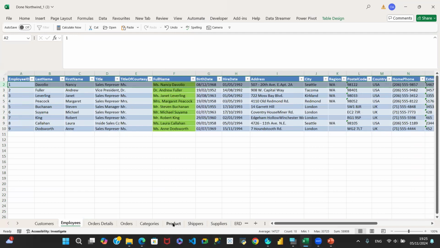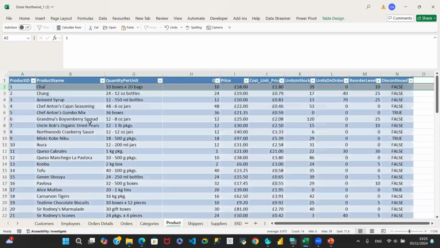On the products, all the information you need about all the different products that you have, you find on this table. Same for shippers and for suppliers. They are informative, and they describe what our business is about. So that's why we say they are lookup. You're looking up information on them. Lookup tables or dimension tables.